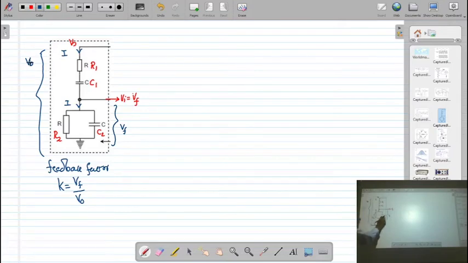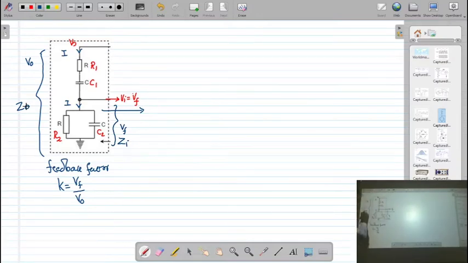Now resistance R2 and C2 are in parallel. Let us say the impedance of this circuit is Zi. Zi is the input impedance of your amplifier circuit, that's why I am writing it as Zi. Now, the impedance provided by the series combination and the parallel combination, let us say the total impedance is Zo, because it is connected to the output of the amplifier circuit.